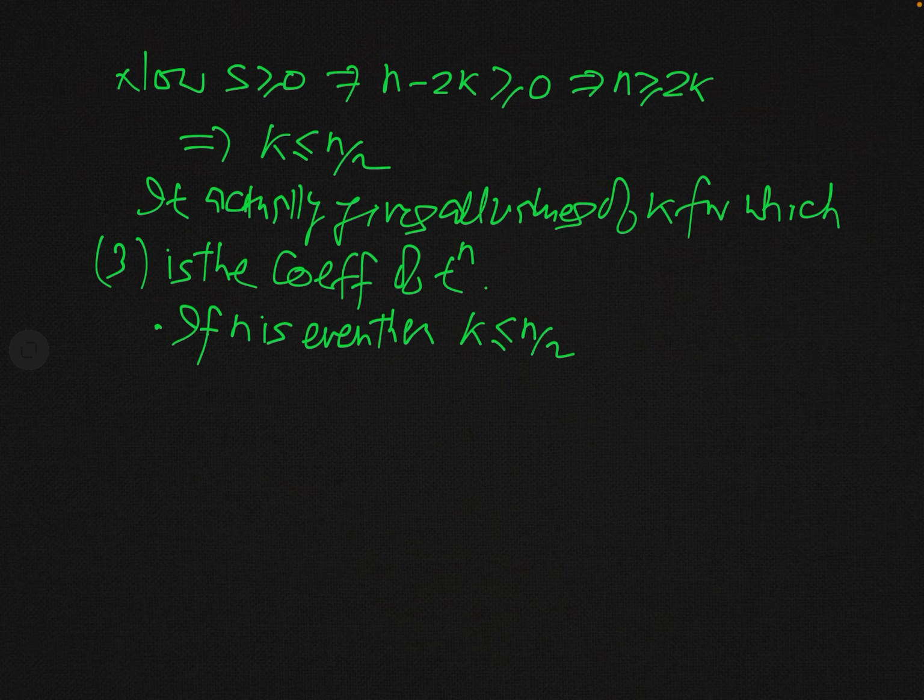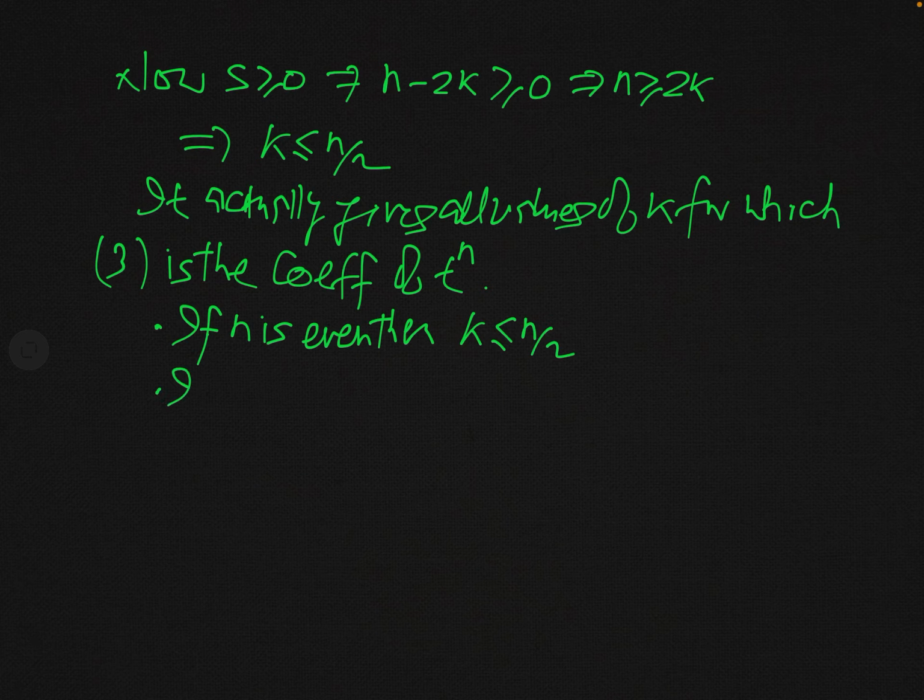But if n is an odd number, then k will not be less or equal to n by 2, but will be less or equal to n minus 1 over 2, because n minus 1 then will become even, and then k will have integral values.